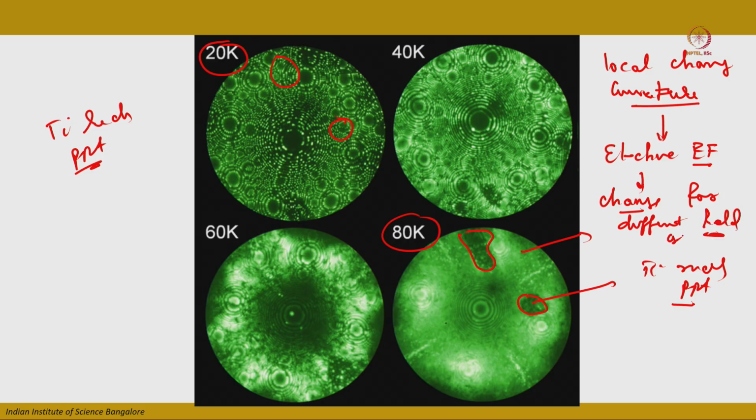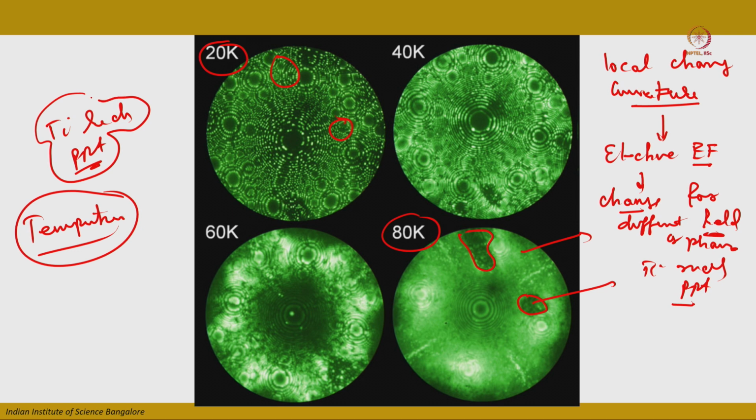So temperature is very crucial, especially in the alloy case, where depending upon the nature of the precipitate or the phase present, the temperature plays an important role, because the local change in curvature effectively changes the evaporation field, and that changes for different phases.